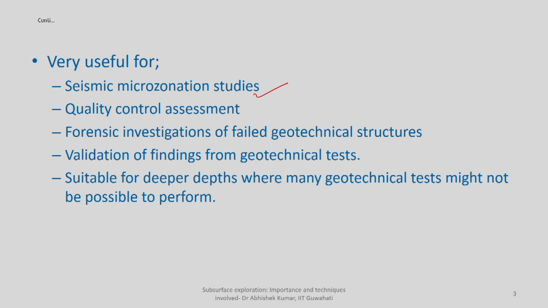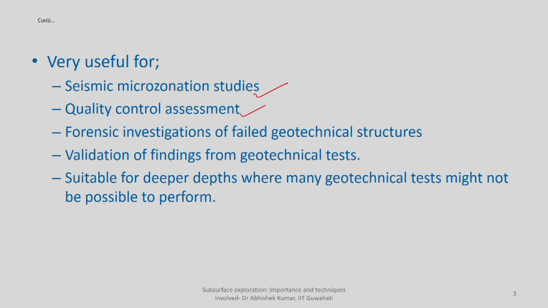You can do some tests, and based on that you will be able to determine the strength properties and the densities of the medium, so that you can match those densities which you are getting from the geophysical test with the density provided by the designer, in order to ensure that the guidelines which are given for filling up the area and preparing the subgrade are being properly matched. So, it is like quality control.